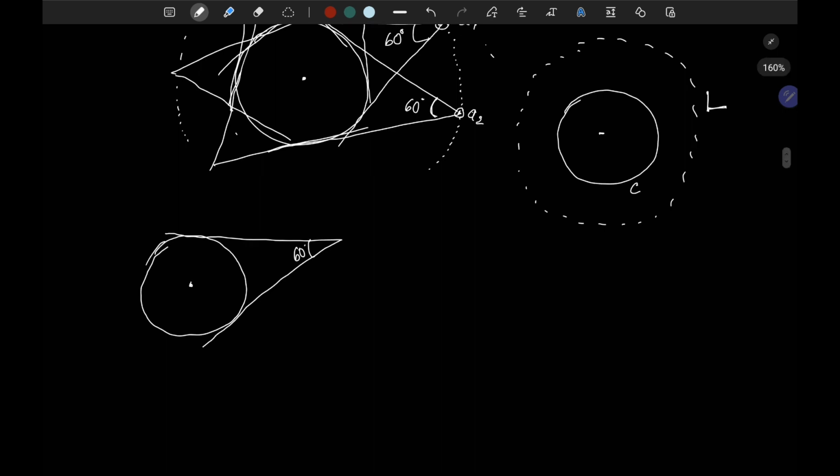Now let's drop a perpendicular from the center of the circle C. You know that the radius of the circle and the tangent passing through the point where the radius meets the circumference of the circle are perpendicular to each other. So this is 90 degrees.